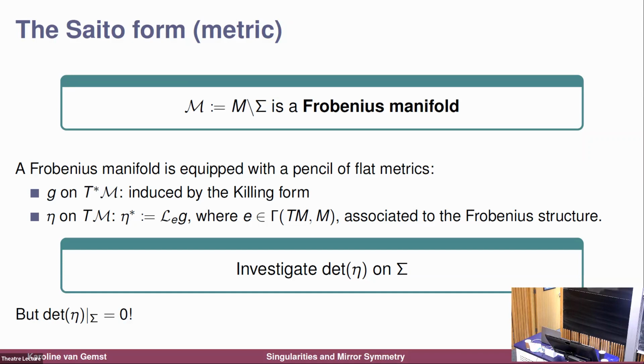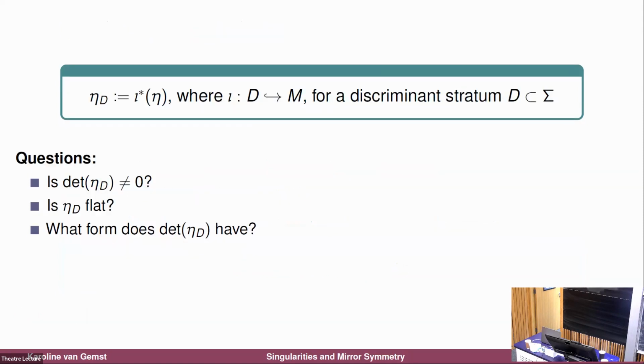So the point of this talk, in some sense, is to investigate the determinant of the Saito metric on the discriminant. But there's an obvious problem here, that one of the reasons that we define a Frobenius manifold away from the discriminant is exactly because eta is degenerate on it. So what do I mean when I am talking about eta on the discriminant?